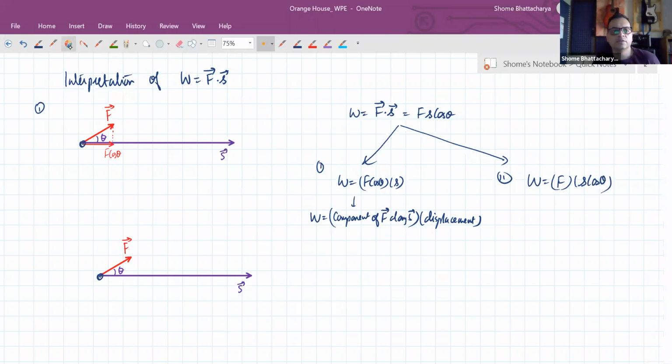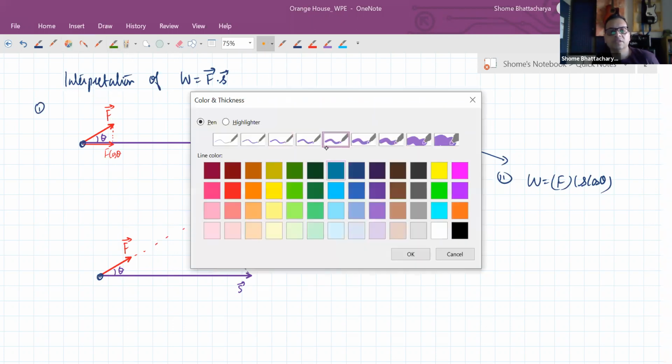For that we have to understand that if this is the direction in which force is acting, and we drop a perpendicular from our displacement onto that direction, then the component of displacement in the direction of force becomes this.